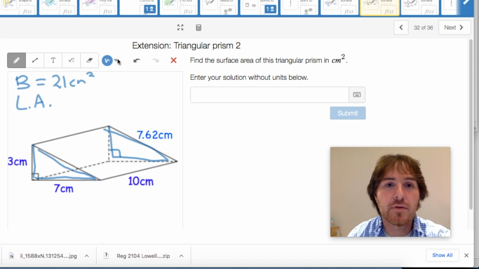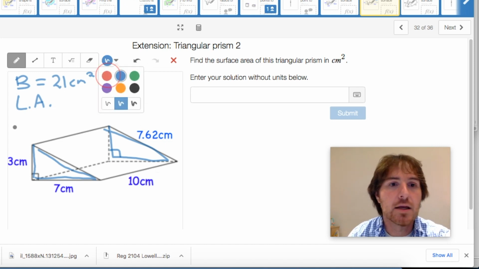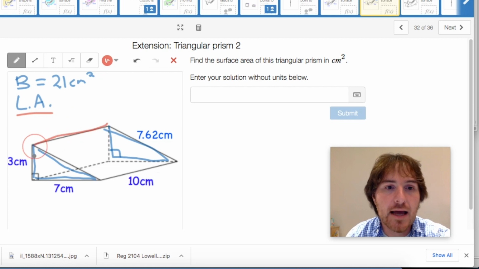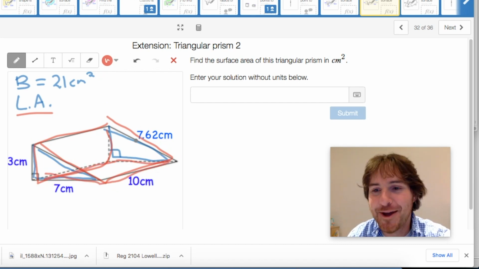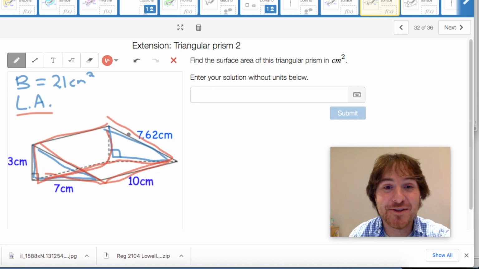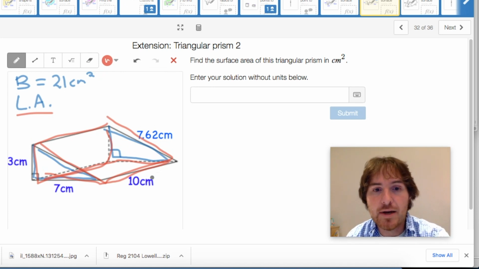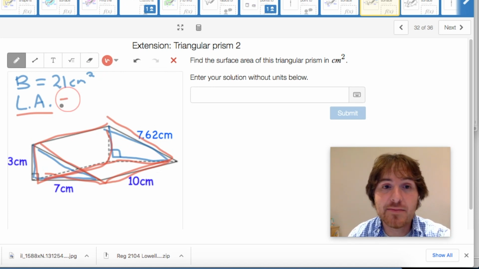Okay, so what do we have here for the lateral area? I'll do that in red right here. Got that, got that, got that, got that. Also have this. Again, they're all rectangles with lateral faces in here. So I got those three, I got to get all three of them. And these look all different here. They are definitely all different. So I got 7.62 right here times 10. That's going to be one of them.